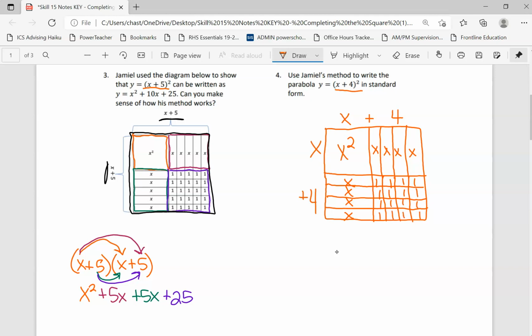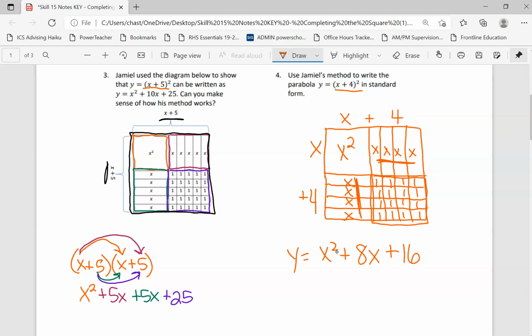Okay, so the way I would get my answer here, I'm going to have x squared. I have 4 x's over here and 4 x's over here, so that gives me 8x. And then down here I have 16 individual squares. So I'd have y equals x squared plus 8x plus 16.